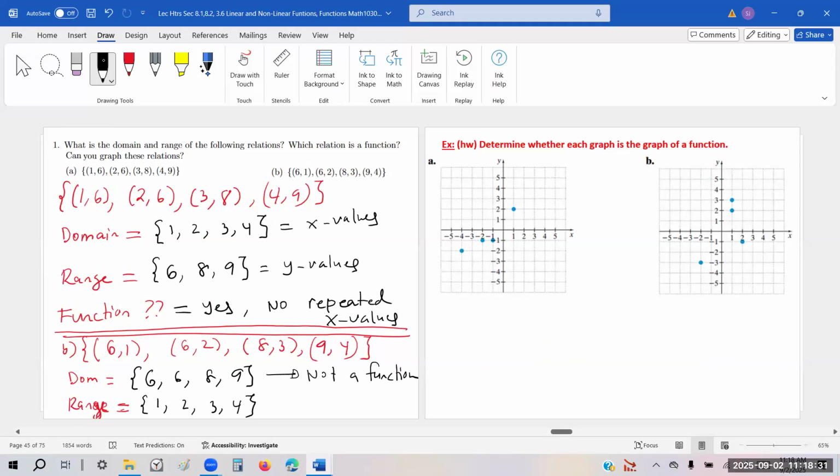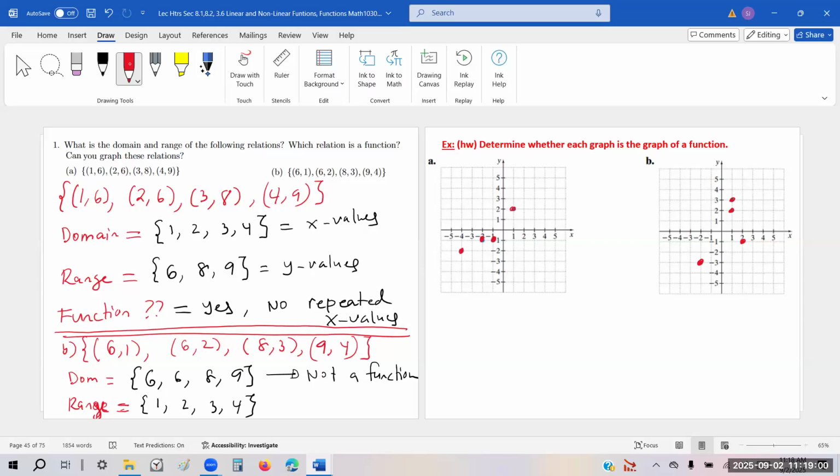Now the same scenario, but let me highlight the points. You have 4 points plotted on the XY plane. And it says, just determine whether they are function or not.